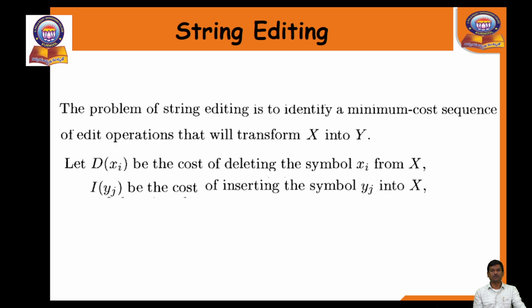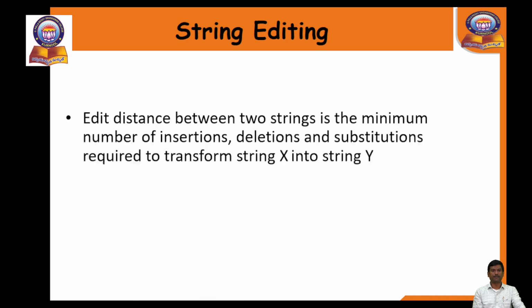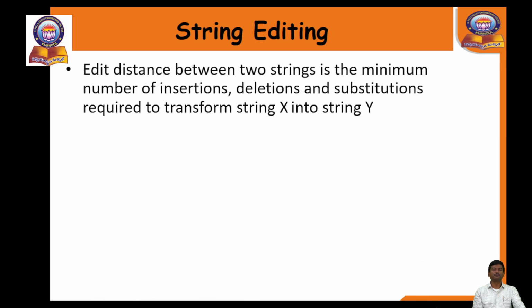Let d of xi be the cost of deleting the symbol xi from x, and I of yj the cost of inserting an element yj from the given string y into x, and c of xi comma yj the cost of changing the symbol xi of x into yj. The edit distance between the two strings is the minimum number of insertions, deletions, and substitutions required to transform x into y.